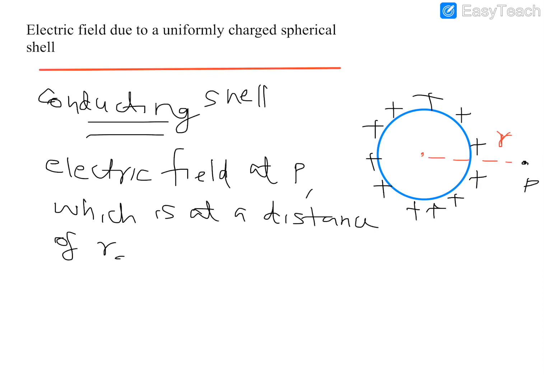You are going to find it using Gauss's theorem, because this sphere is having a large number of charges. It is not one or two charges. It is a continuous charge distribution.